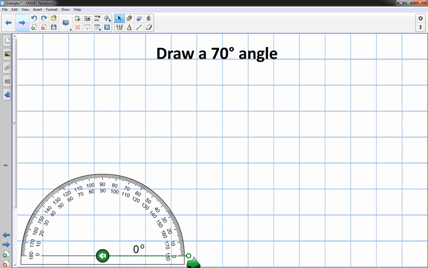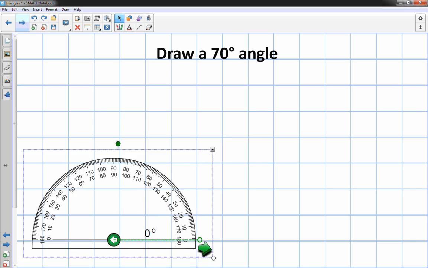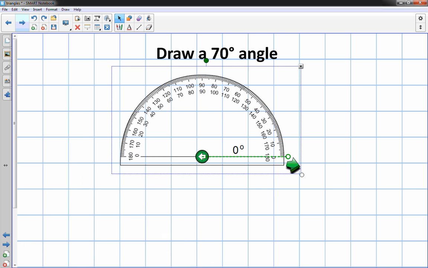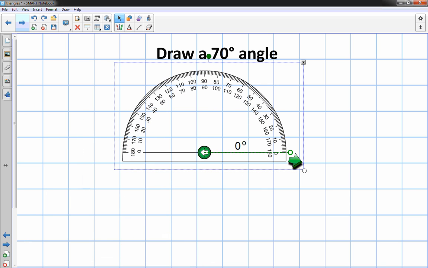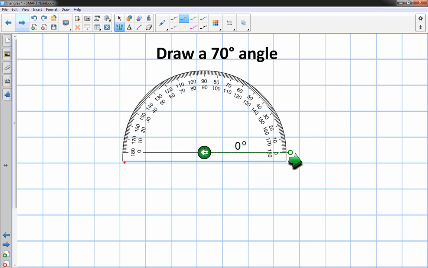A 70-degree angle. It's less than 90 degrees, so we already know it's going to be acute. I take my protractor. Again, draw a line here. This time, though, I'm going to have it go the other way.